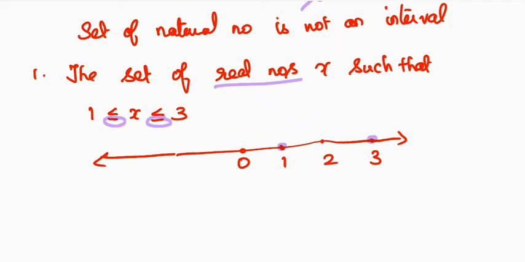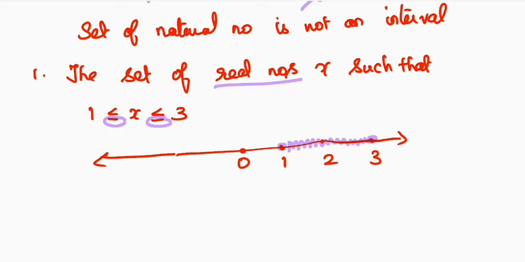Here we consider the set of real numbers between 1 and 3, so we have to mark all the real numbers between 1 and 3. You see that this is an interval, because we consider 1, 2, and all the real numbers in between also belong to the interval. So it is called an interval.